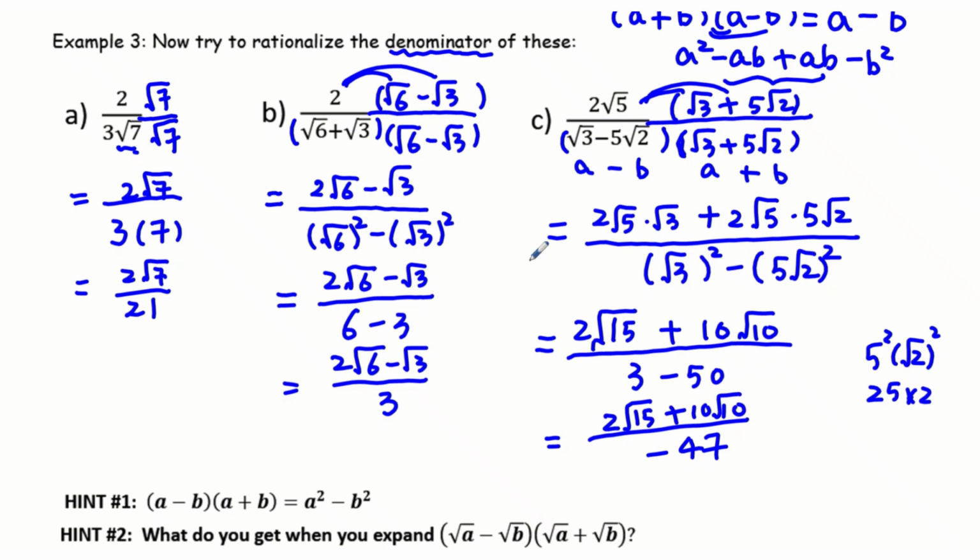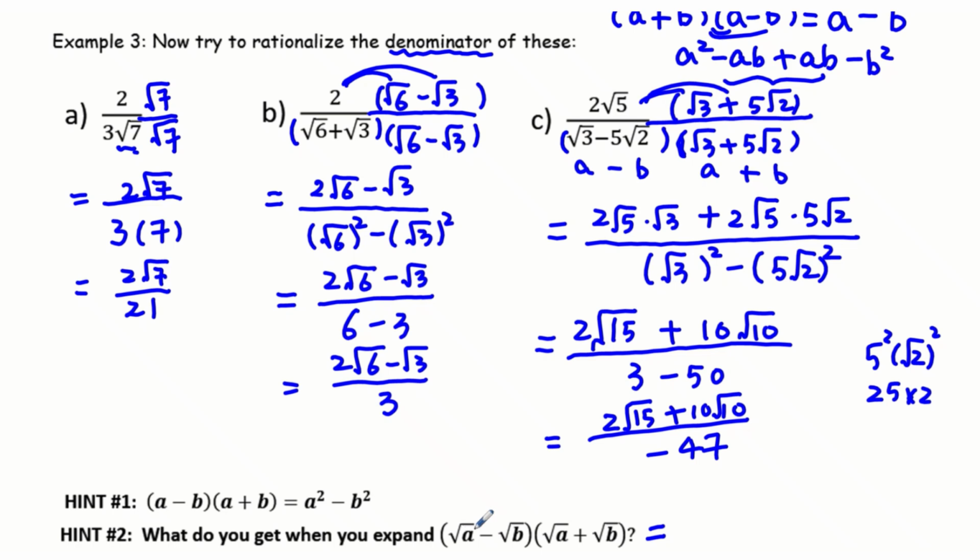The hint for rationalizing the denominator: there are two things you need to know. One is a minus b times a plus b equals a squared minus b squared, the difference of squares. And another one is square root a minus square root b times square root a plus square root b. We use this one.